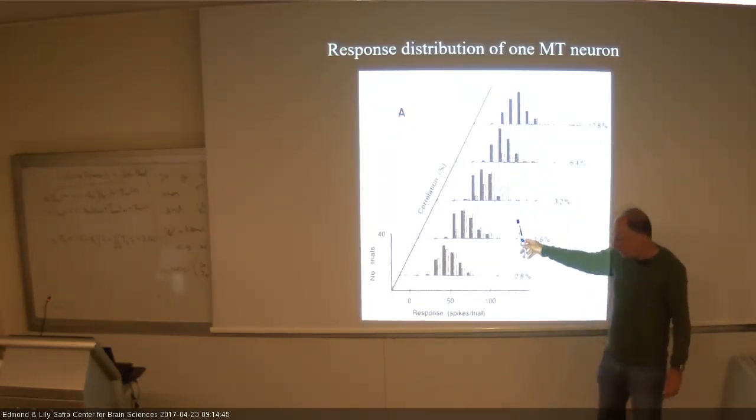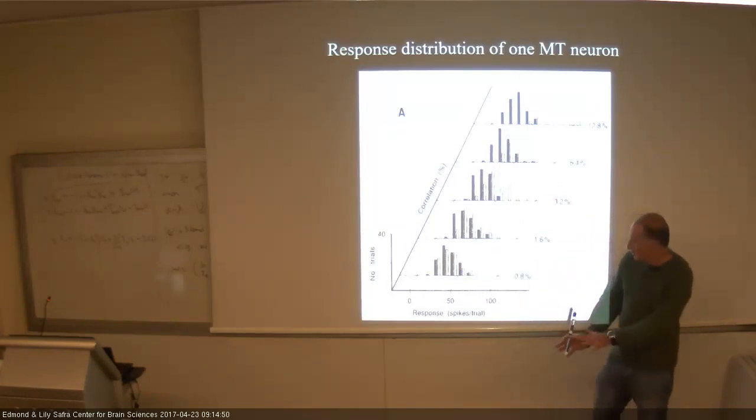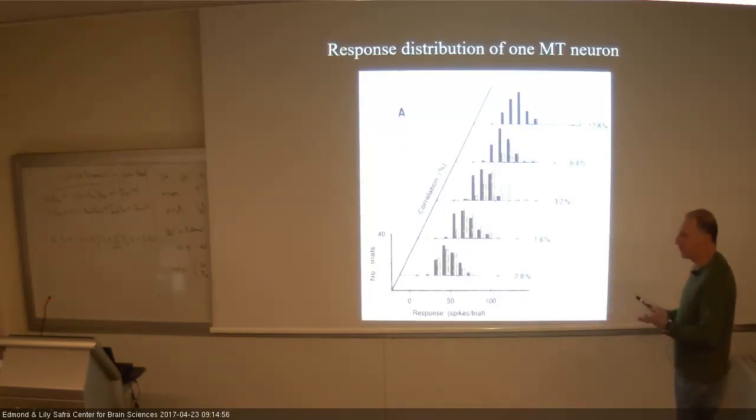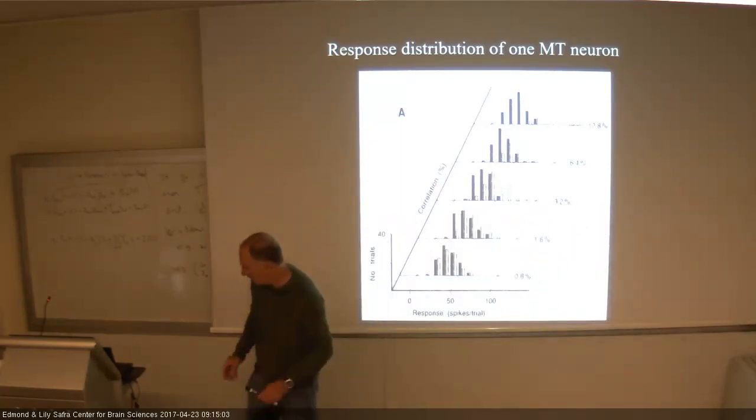But as we reduce the coherence level to lower and lower levels, these two distributions completely overlap, so the information that you have about whether it's in the preferred or the null direction is largely reduced to null.